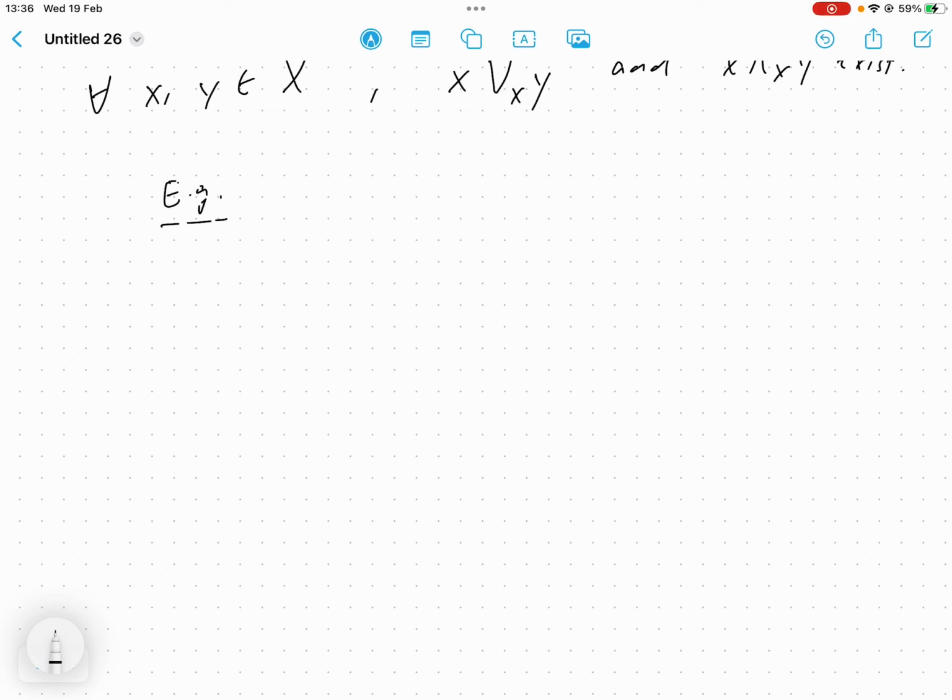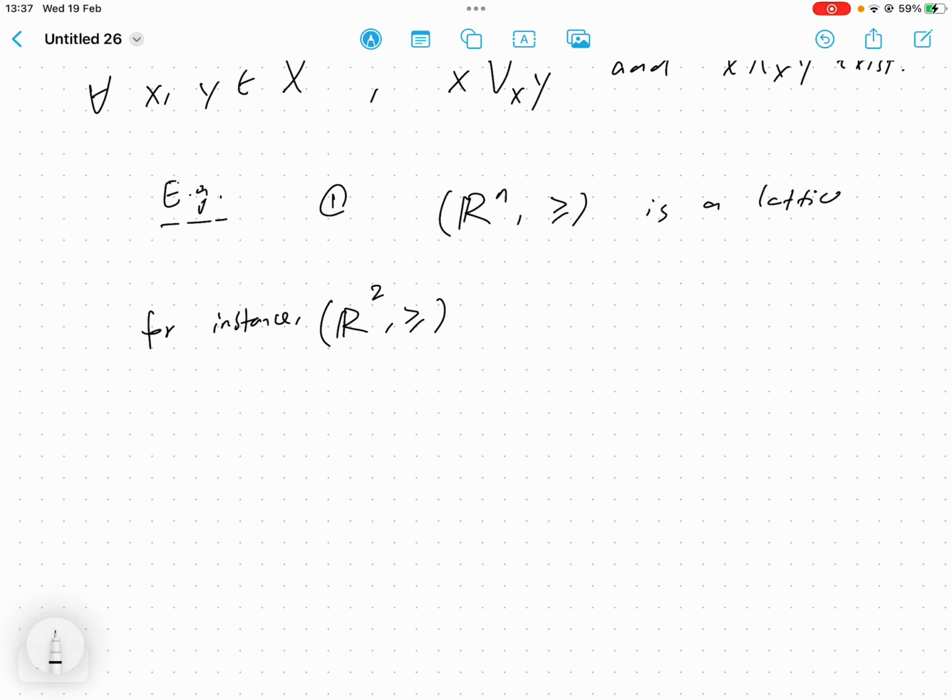Or maybe we just use another simple example, say R2, which is a lattice. So we're gonna have a look at R2 with the greater than or equal sign.